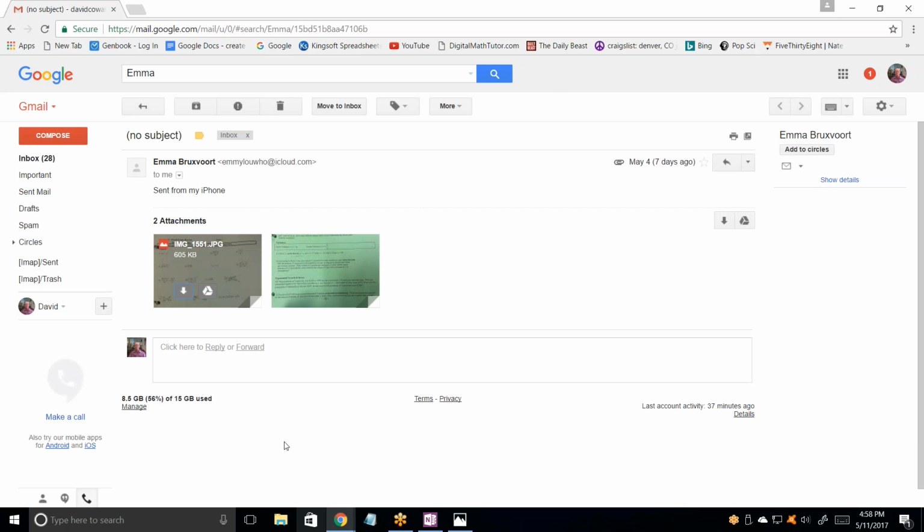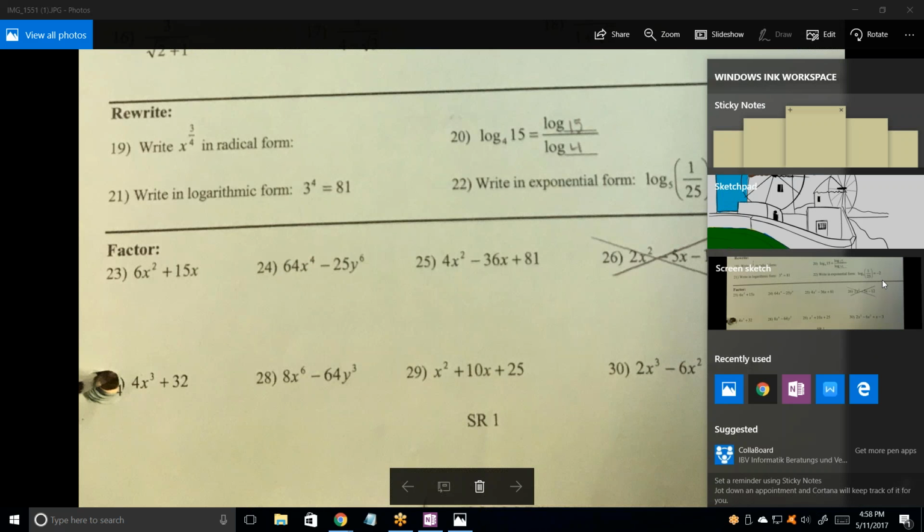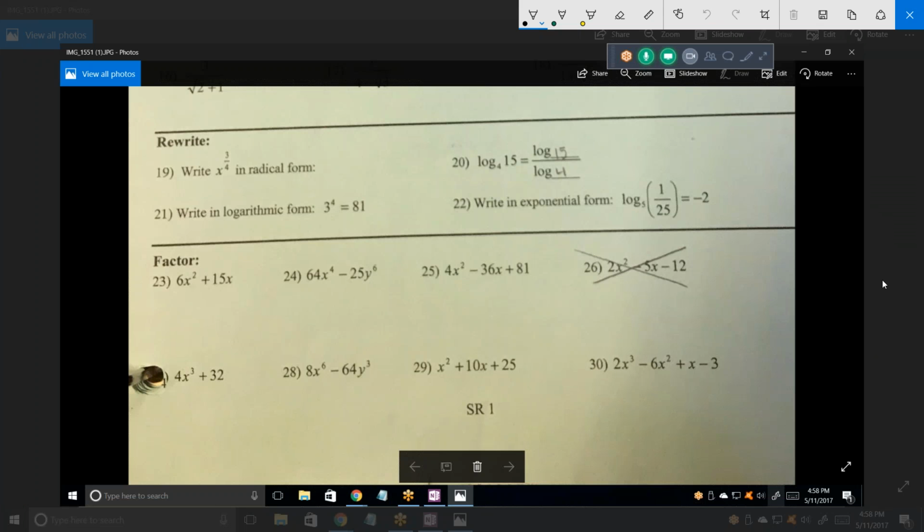So, knowing that, number 27, we're starting with x cubed plus 8.